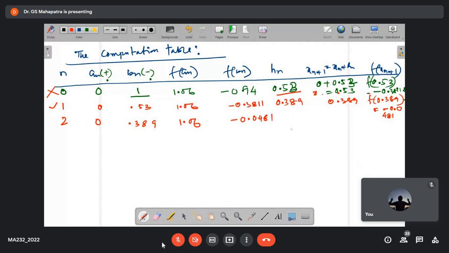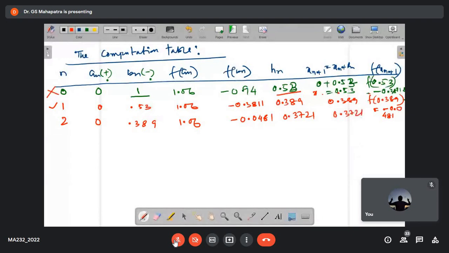Now Hn, tell me the Hn. 0.3721. Okay. So this one also 0.3721, correct now? 0.3721, 0 plus that one.